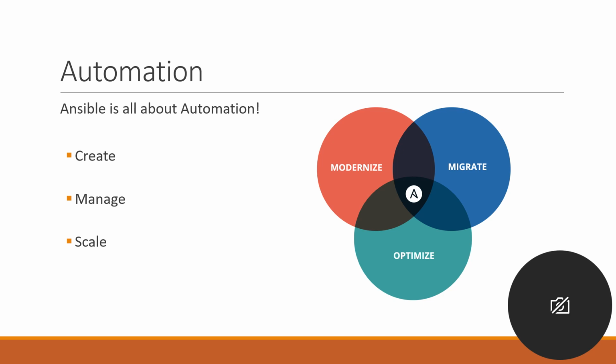Next is migrate. Ansible aims to use automation to migrate applications to newer infrastructures. So much like bridging the gap with modernization, Ansible is aiming to migrate applications from older infrastructures. You can just migrate it to a newer one.